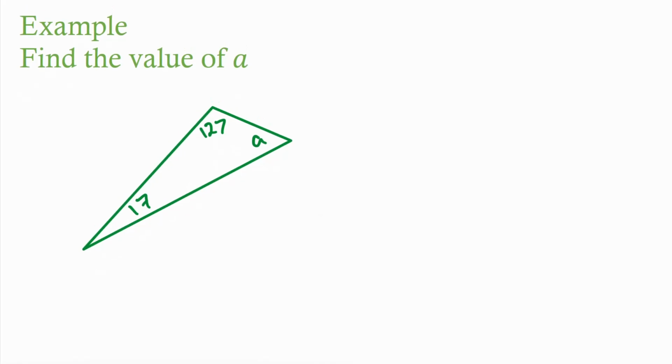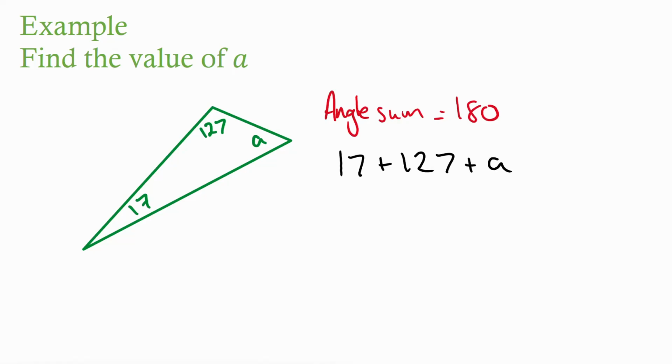So here we have a triangle with angles 17, 127, and A, and we need to find what A is, that pronumeral. So, angle sum equals 180 degrees. Knowing that, I can go, well, 17 plus 127 plus A needs to all add up to 180.